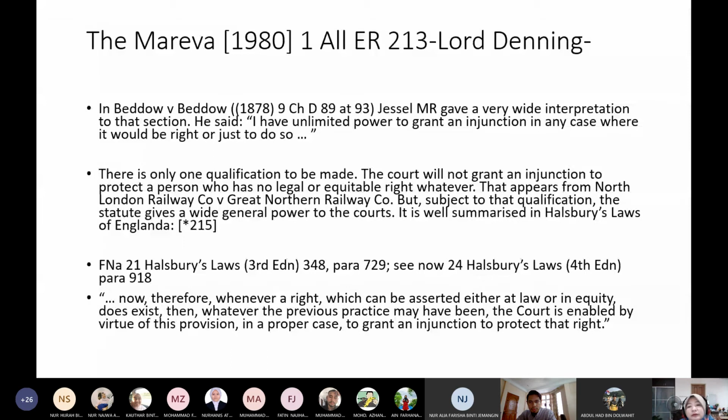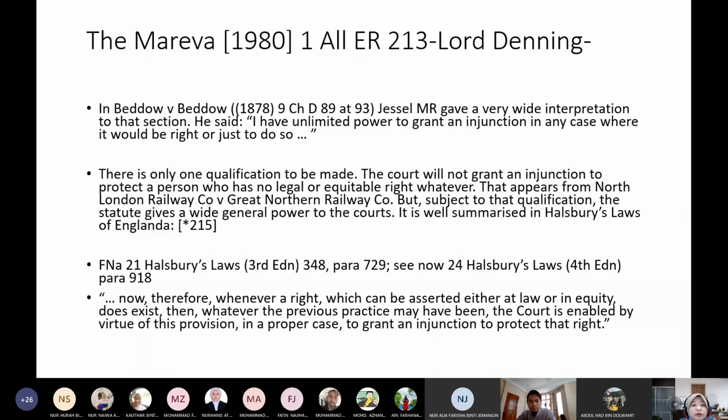Lord Denning, Master of the Rolls, gave a very wide interpretation. He said that I have unlimited power to grant an injunction in any case where it will be just or right to do so. Okay, so meaning that there's only one qualification that needs to be made, that the court will not grant an injunction to protect a person who has no legal or equitable right.